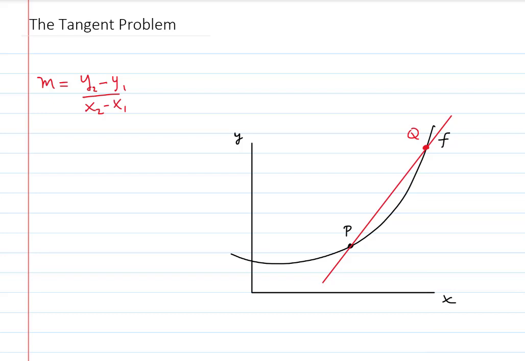So let me label some things in here. This point P, we're going to call that the coordinate x there, right? And the coordinate y for point P would be, since we labeled this function f of x, and that input is x, then that output would be f of x, the function evaluated at x.